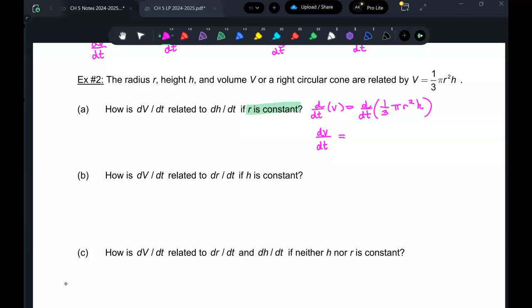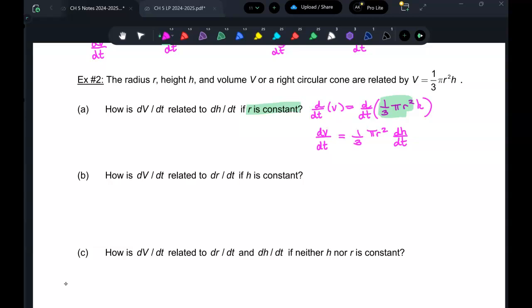So this whole thing, 1/3 pi r squared, is all one constant. It's 1/3 pi r squared dh/dt.